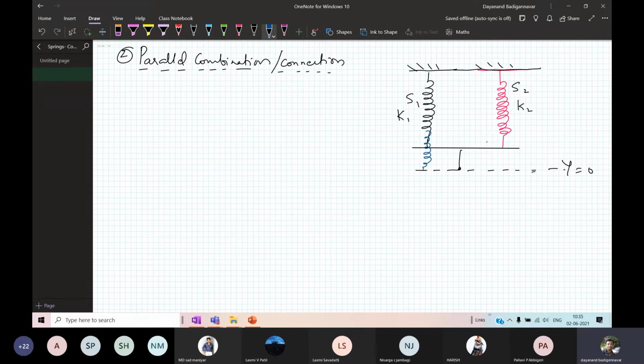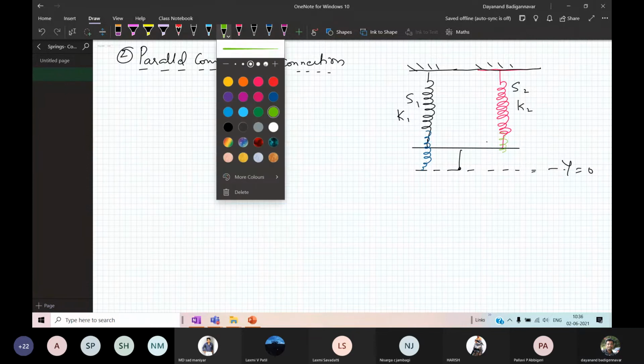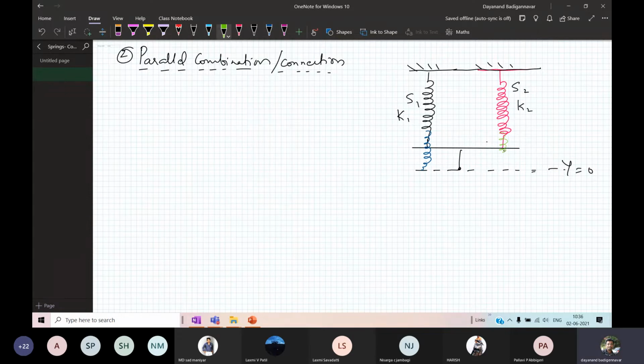It gets elongated like this, while the second spring also gets elongated like this.